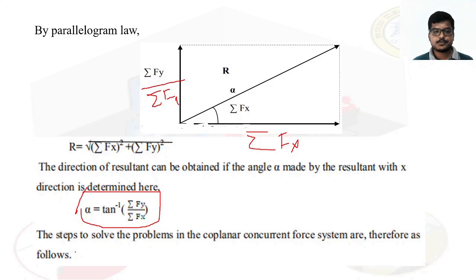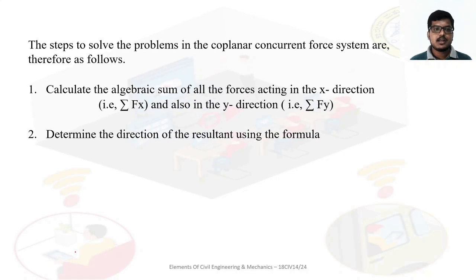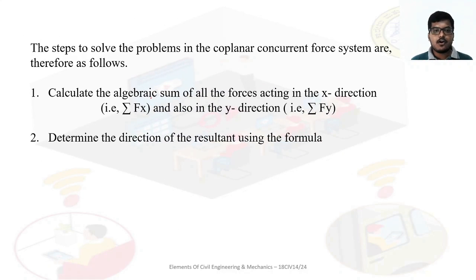Okay, the steps to solve the problems in the coplanar concurrent force systems are therefore as follows. So first we should calculate the algebraic sum of all the forces acting in x direction. How? We should first resolve each force into its components. That is, if the force is in this direction, we should take one component in horizontal direction and one in vertical direction.